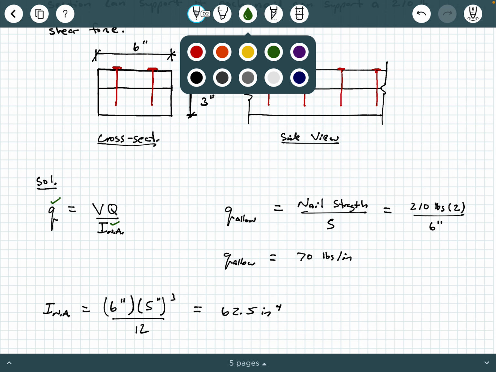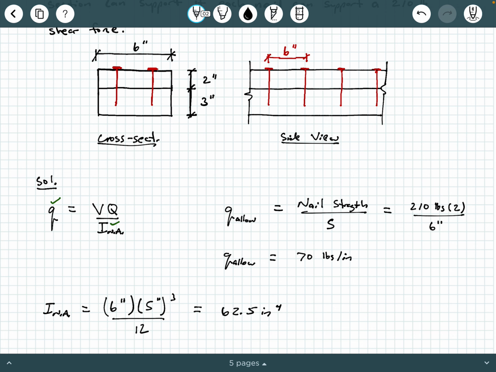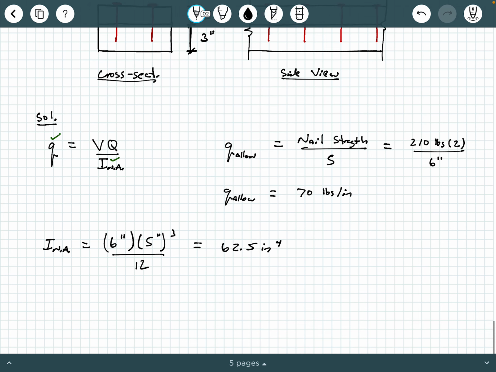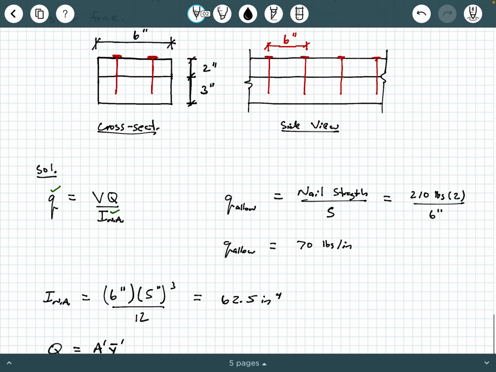What about capital Q, all right? Well, capital Q, same definition that we've seen before. That's going to be A prime times y bar prime, all right? Now, we've got two pieces of material that are both rectangles, and we have an interface here that these nails must penetrate through, all right?